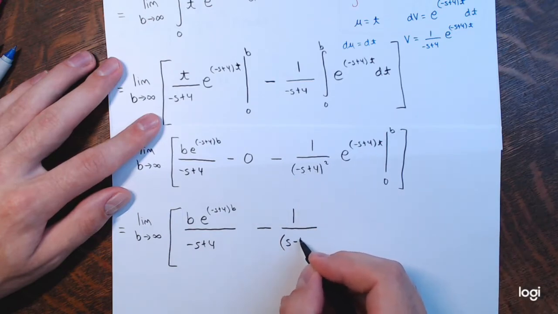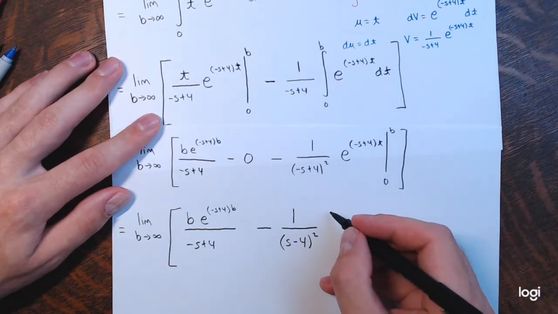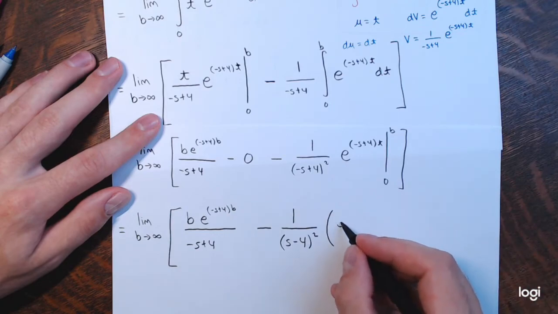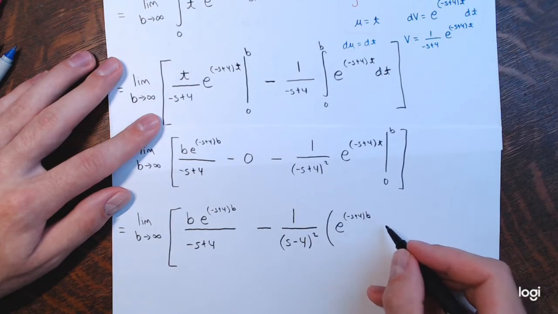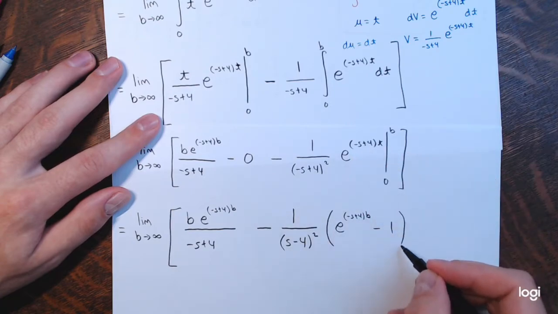So I'm going to make this s minus 4 squared instead of negative s plus 4 squared. Hopefully you see how I did that. Then times this evaluated at b and at 0: e to the negative s plus 4 times b minus 1, putting in t equals 0 gives minus 1.